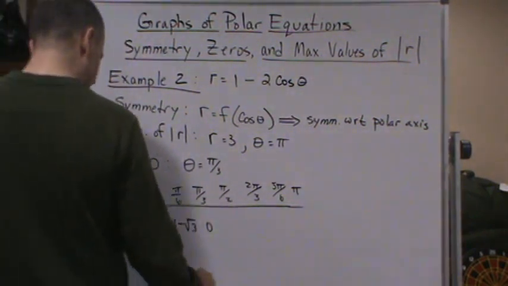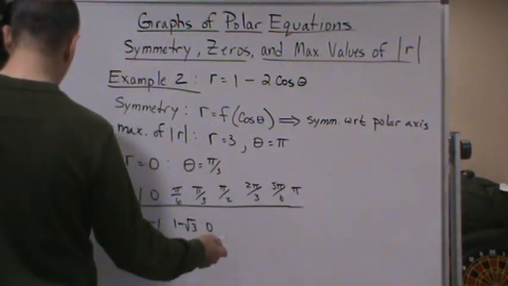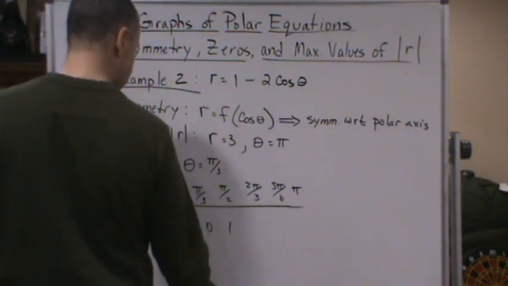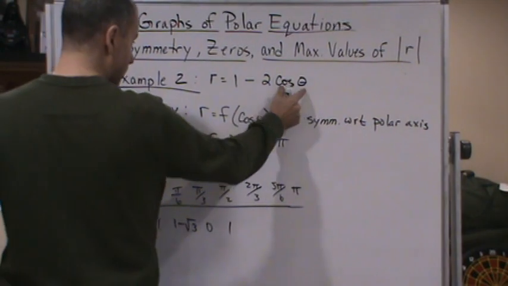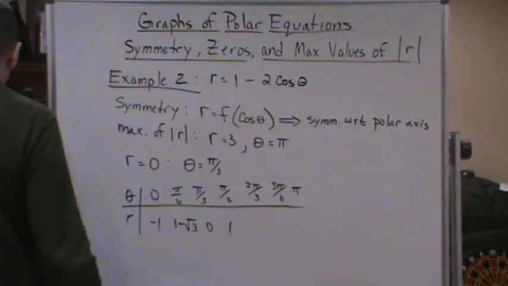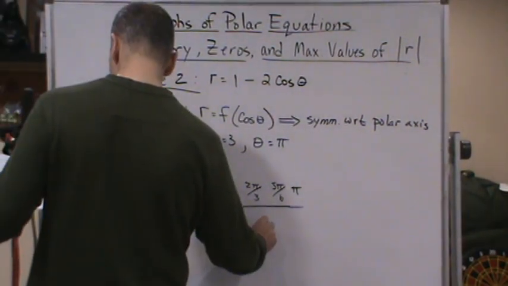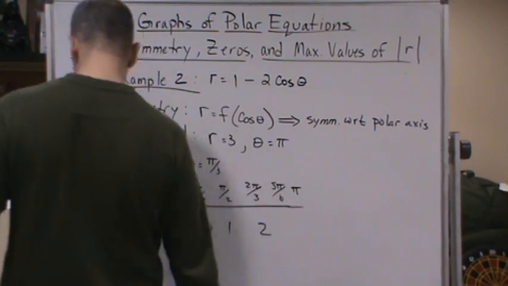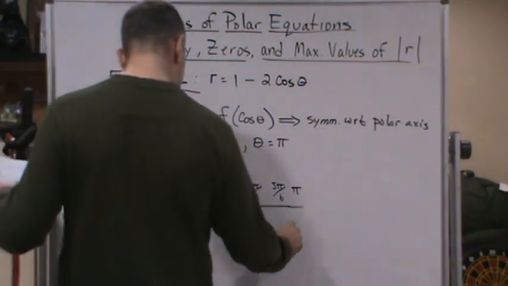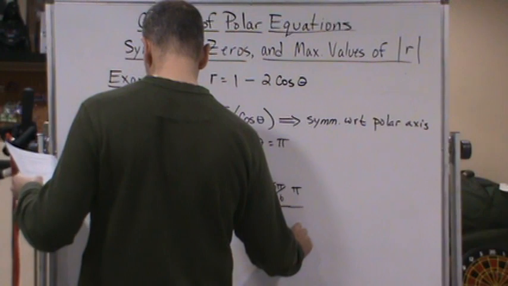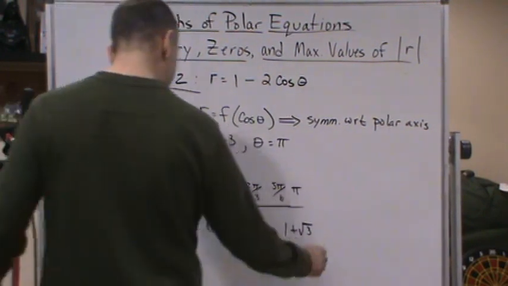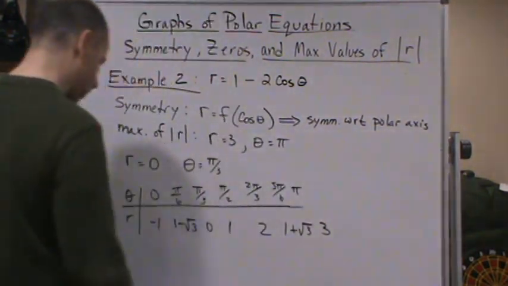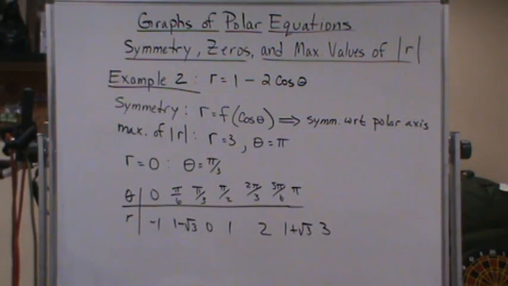At pi over 2, we're going to have 1, because at pi over 2 this is 0. And then at 2 pi over 3, we get 2. And then 5 pi over 6 is going to give us 1 plus the square root of 3. And then at pi, we're at 3.